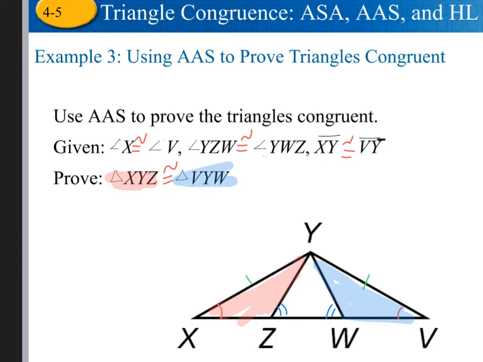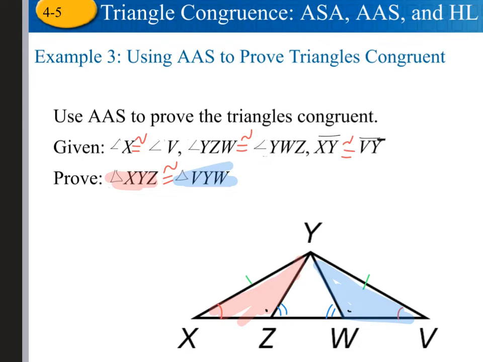So if I'm using angle side, that means I need to know this angle right here, XZY and YWV. So how do I know that those two angles are congruent? I want to show that this angle is congruent to this angle.